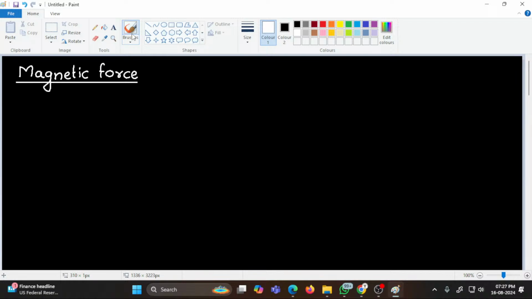And this is given by Fm bar, the magnetic force Fm bar is Q in bracket V bar cross B bar.